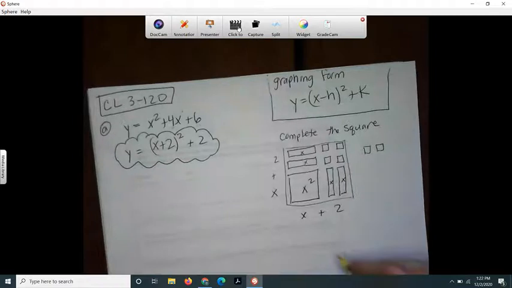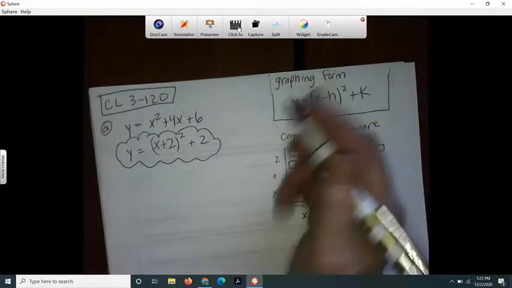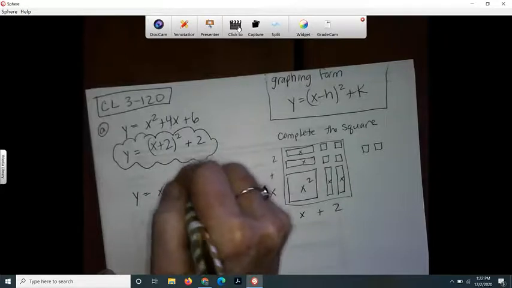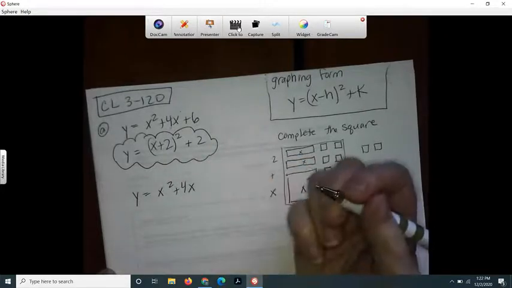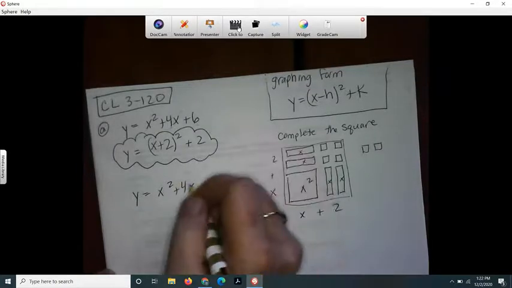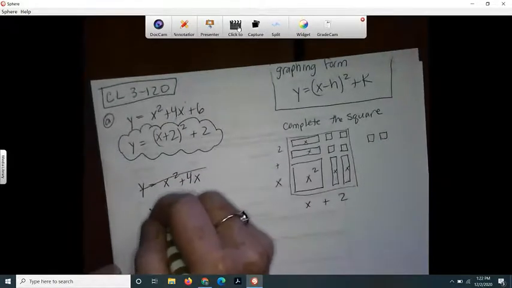And so that would give you this, and this is actually the equation that you want. To show you how to do it without the tiles, the math would look like this. You go like this.